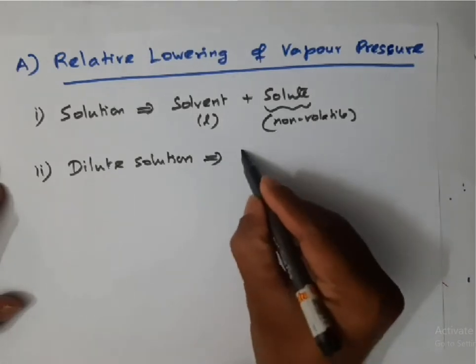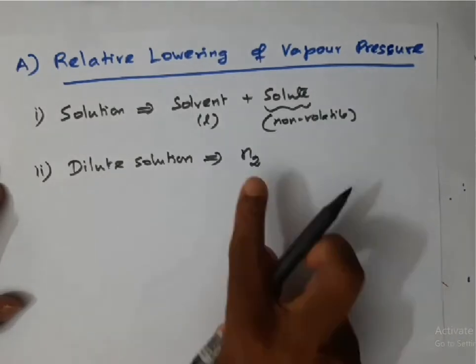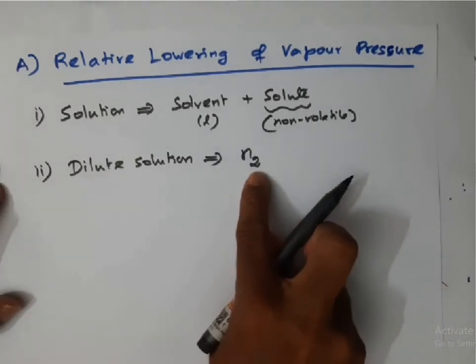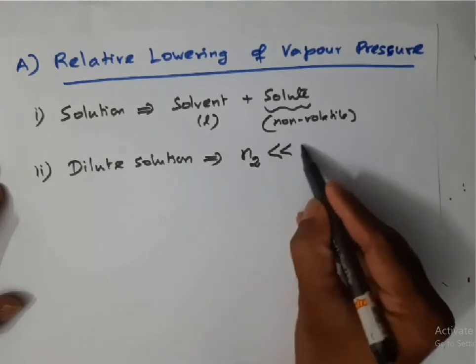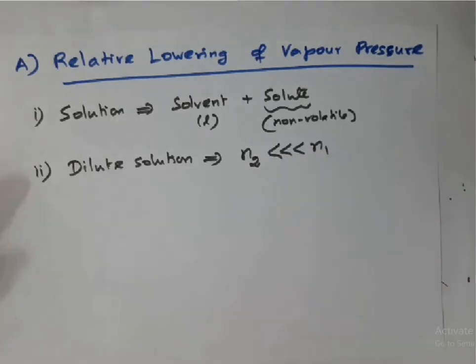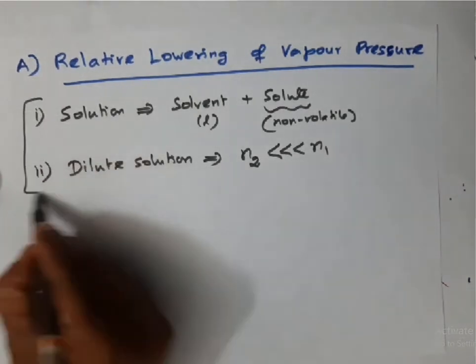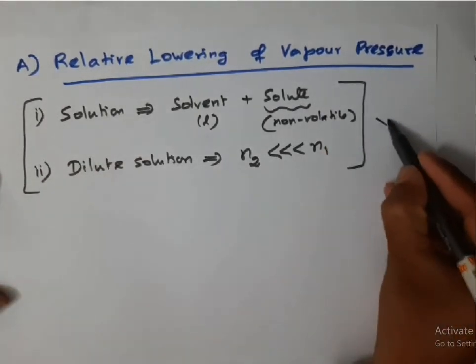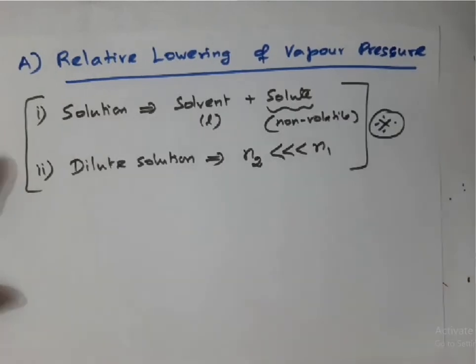It means the number of moles of solute should be very small compared to the number of moles of solvent. So for any colligative property study, keep these two things in mind: your solution should contain a non-volatile solute and should be a dilute solution.